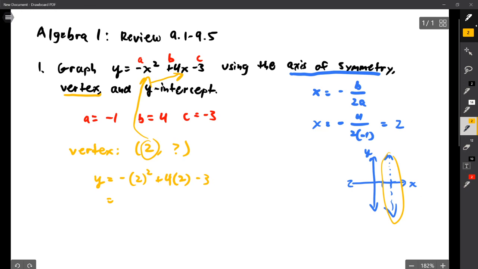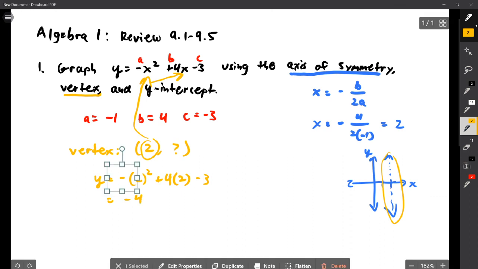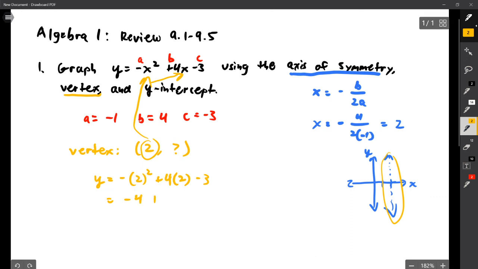And notice it is a negative, the negative is outside, so it's going to stay around. So we get negative 4 plus 4 times 2 is 8 minus 3. So we get negative 4 plus 8, that is 4. 4 minus 3 is 1. So what we know now is the vertex is the point 2, 1. Okay, so we know that piece of information as well.